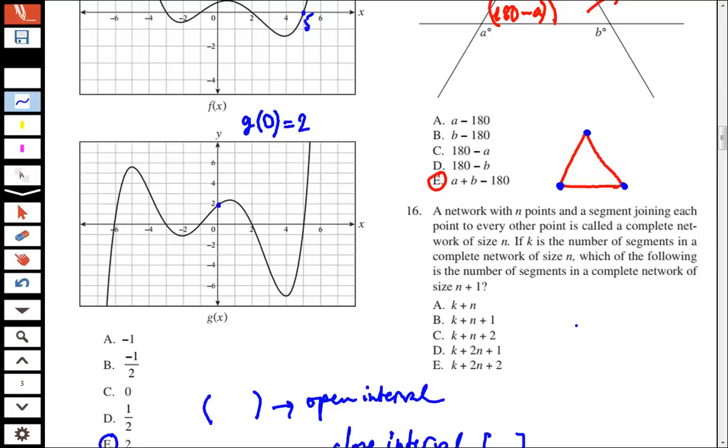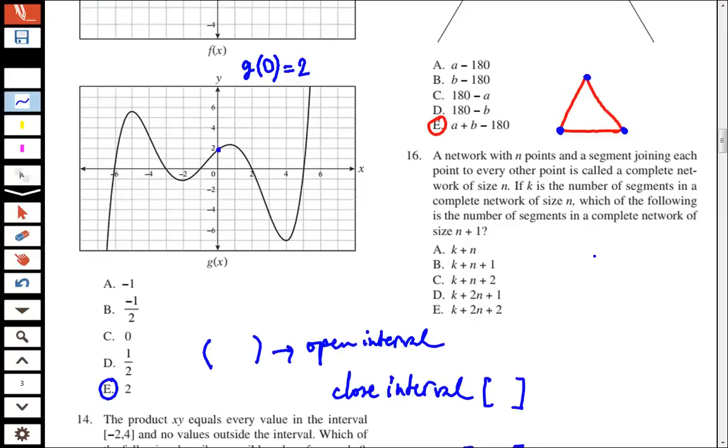We can consider a square, and to make a complete network of size number 4, we must draw 2 more segments.